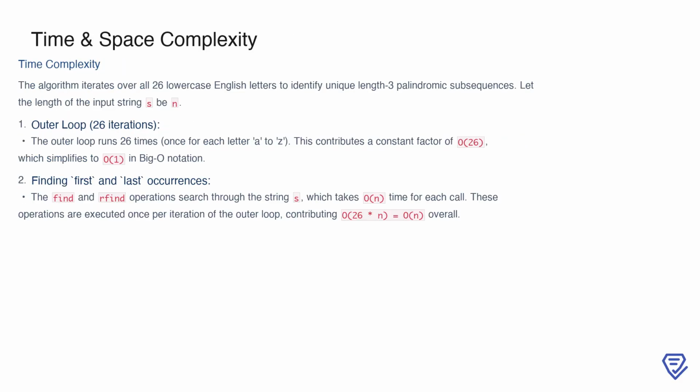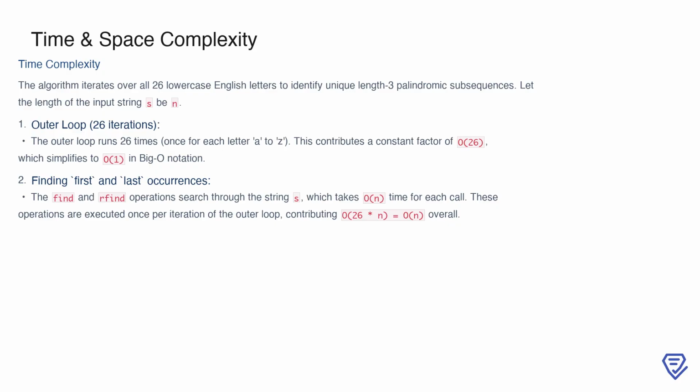To understand the time complexity of this algorithm, let's break it down step by step. First, the outer loop iterates over all 26 lowercase English letters from A to Z. Since this loop always runs 26 times regardless of the input size, it contributes a constant factor of 26, which simplifies to O(1) in big O notation.